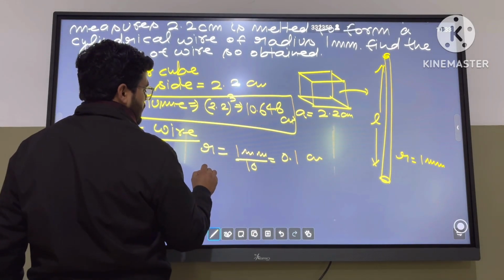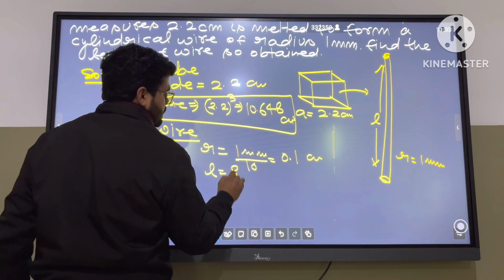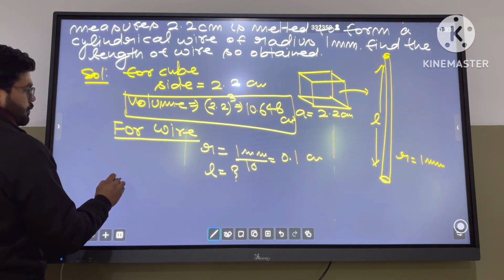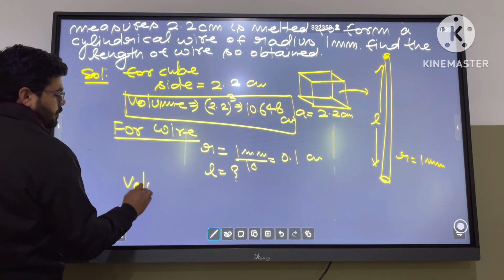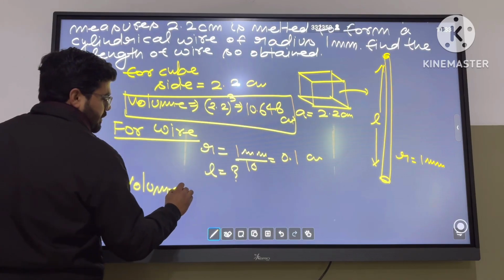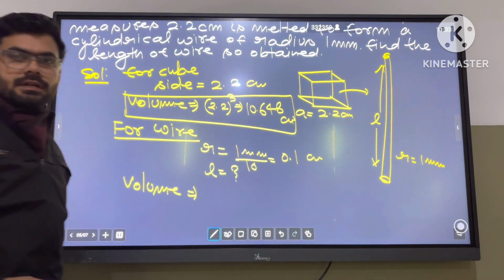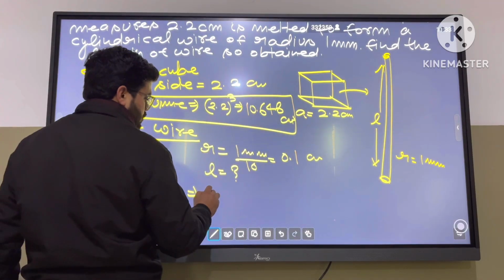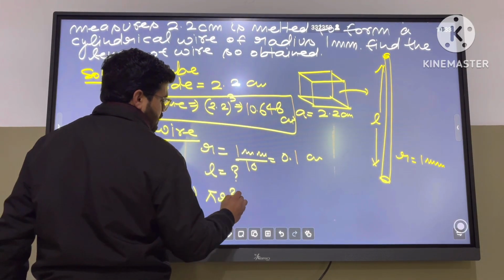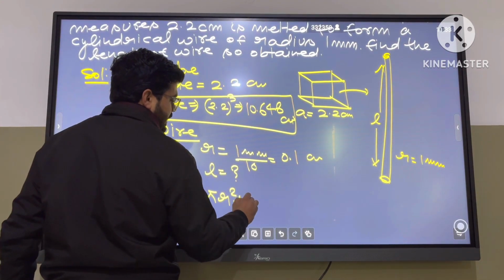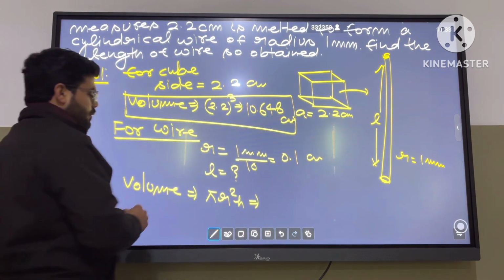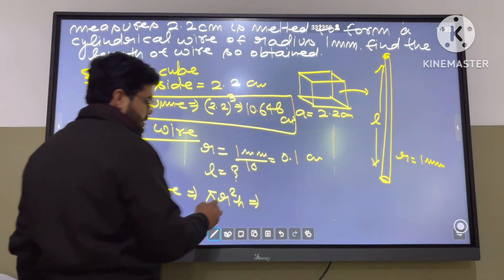And then the length is not given. So find the volume for the wire. This wire is in cylindrical shape. So volume of cylinder is pi r square h.